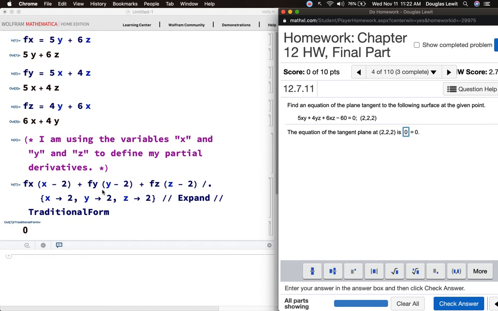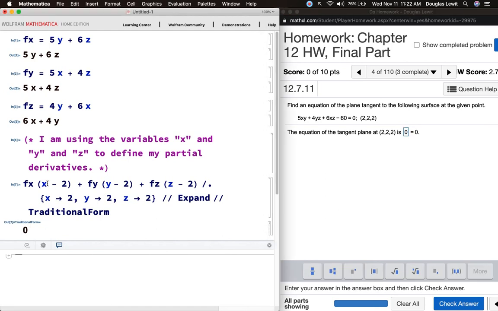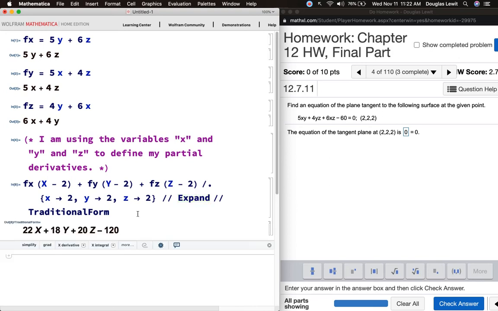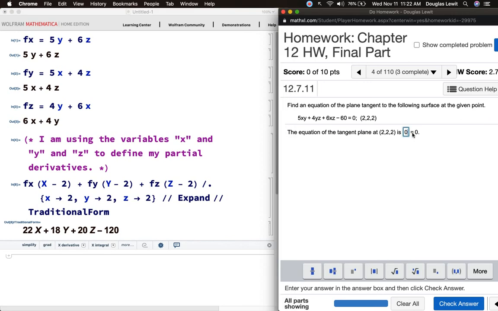Okay. So this isn't going to work. We need to use different variables. Uppercase X, uppercase Y, uppercase Z. And that should do the trick.